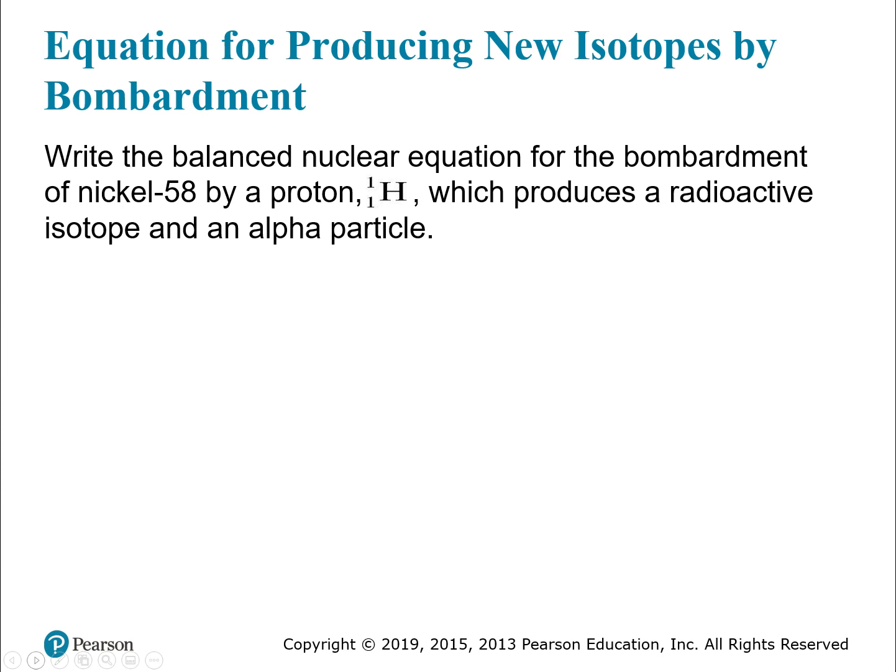So write a balanced nuclear equation for the bombardment of nickel 58 by a proton, which produces a radioactive isotope and an alpha particle. So we know part of what's made. That means that we can figure out the new mass number and the new atomic number for this new radioactive isotope. Let's start by writing out what we know.